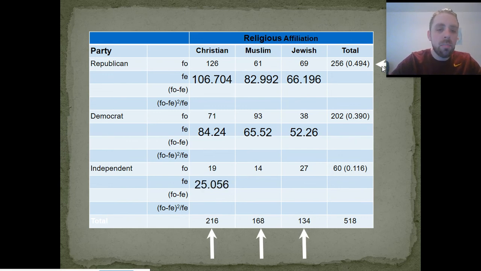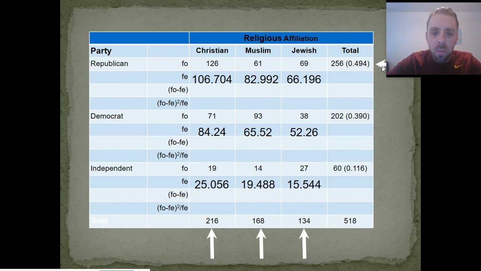My frequency expected for independent Christians, 25.056. My frequency expected for Muslim independents is 19.48. And the final frequency expected, 15.544. And what you have there now allows you to move forward with the rest of the problem.